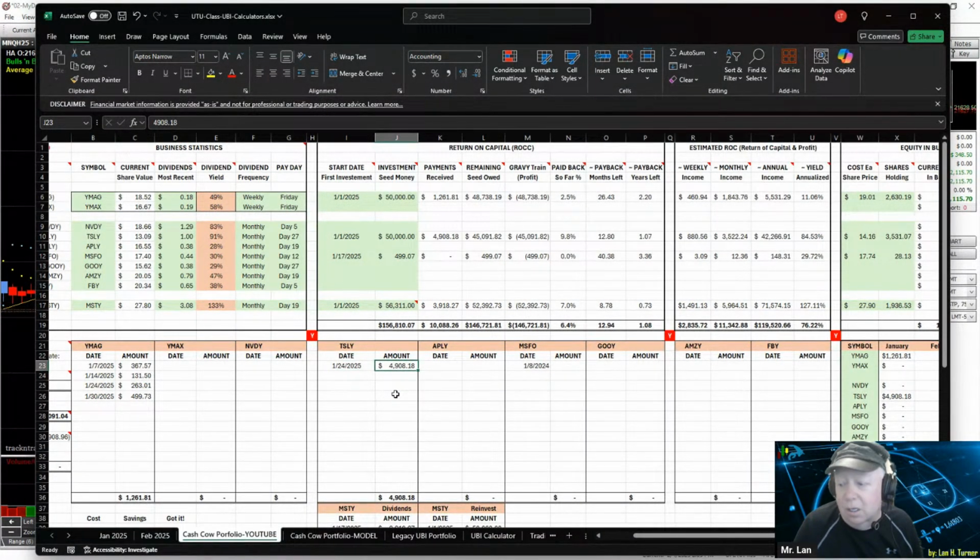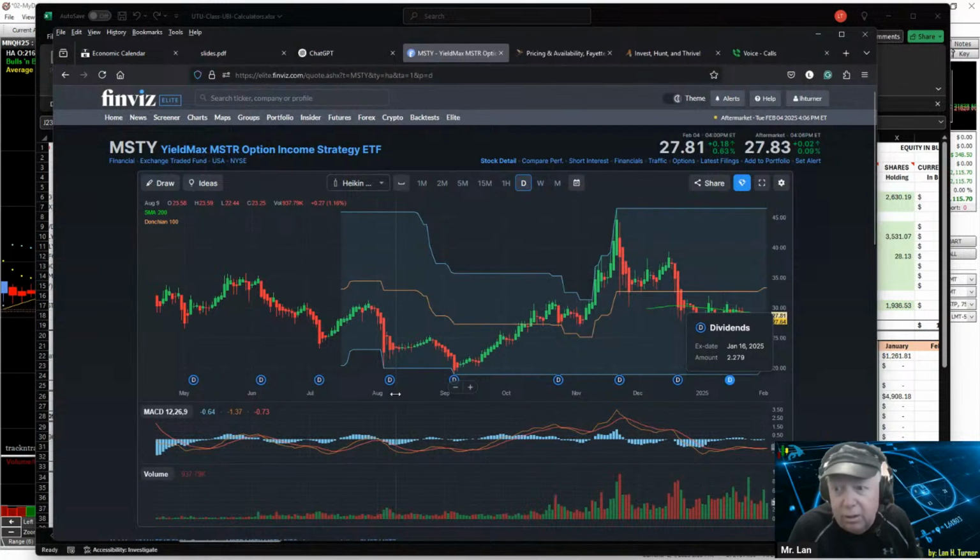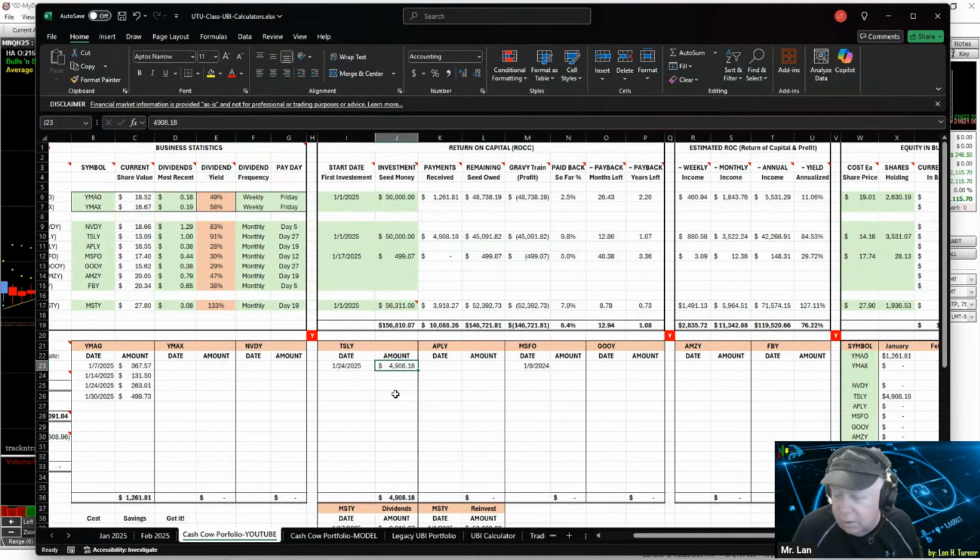Let's go look and see. $2.28. $1,936 or 0.3 times. Bad memory. 2.28 equals. Yep, that's what that is. Oh no, that's the wrong number.